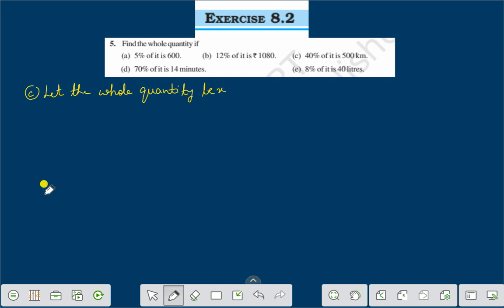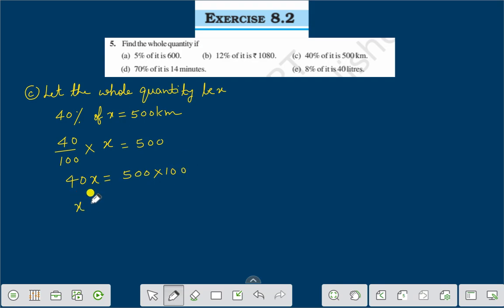Therefore, 40% of x is equal to 500 kilometers. Or 40% means 40 by 100, of x multiply into x is equal to 500. Or we can write 40x is equal to 500 into 100.